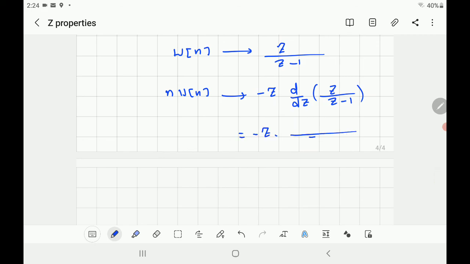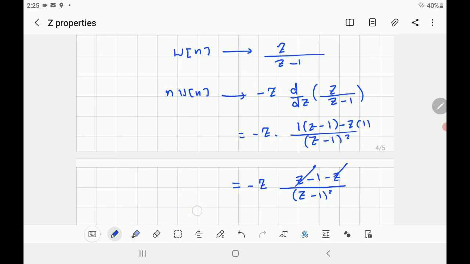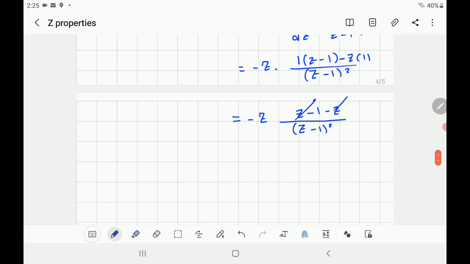The differentiation is a fraction, rational form, so you square the bottom, and then you differentiate: 1 multiplied by z minus 1 minus z multiplied by the differentiation of z minus 1, which is equal to 1. So it's minus z over z minus 1 squared, times z minus 1 minus z. That will cancel, leaving minus 1. Minus 1 times minus z will be equal to z. So the final result will be equal to z over z minus 1 squared. That will be the ramp.